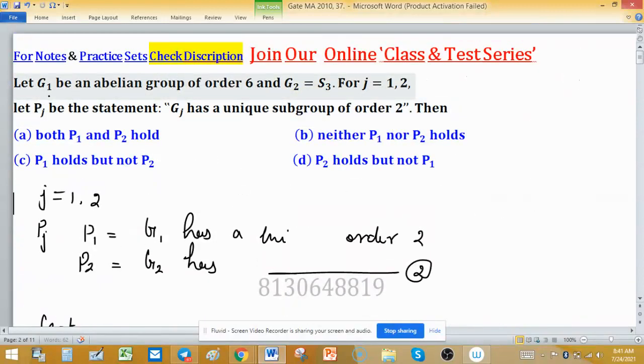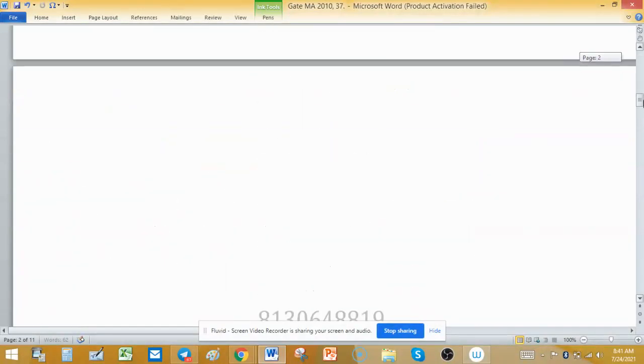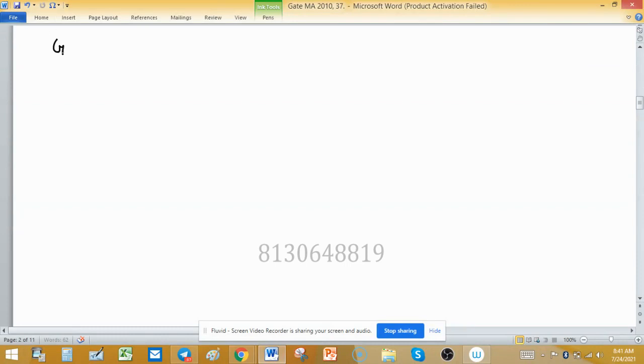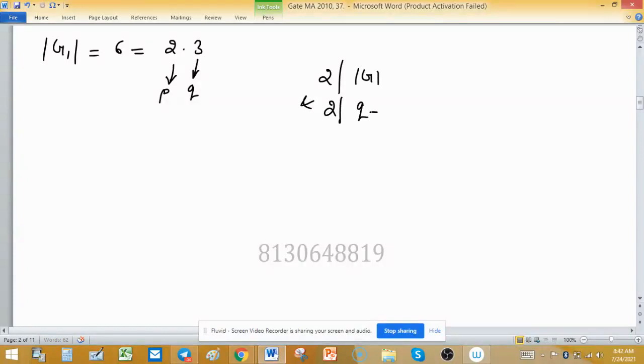Now come to the problem. G1 is an abelian group of order 6 and G2 is S3, the symmetric group on 3 symbols. First, the order of G1 is 6, and we can write 6 as 2 times 3. Consider 2 as p and 3 as q, as in fact 1. 2 divides the order of G, and 2 divides q minus 1, that is 3 minus 1.